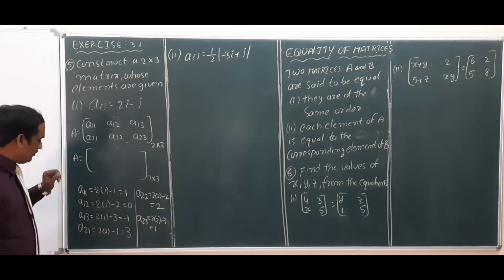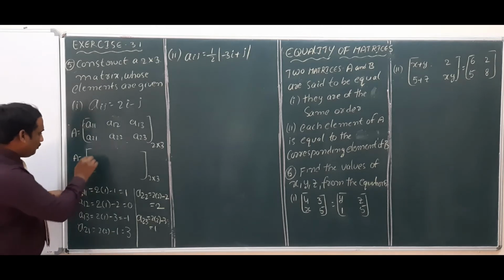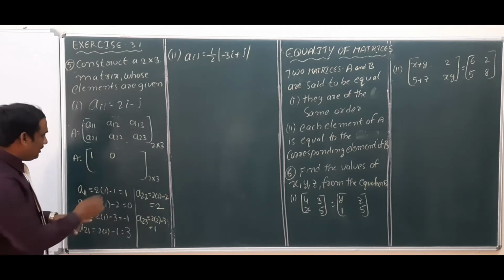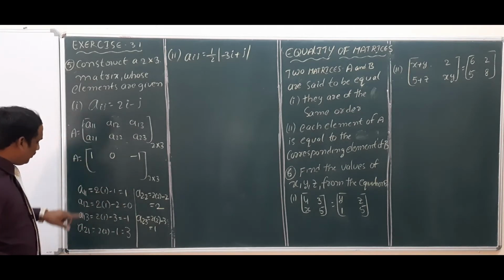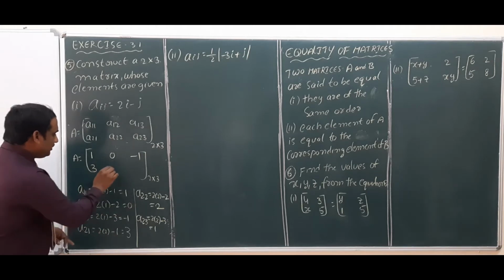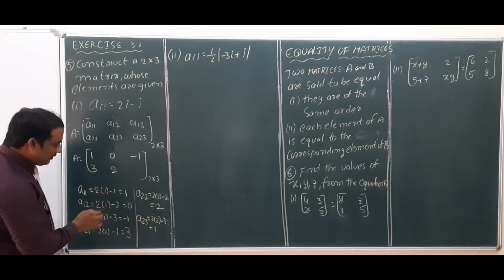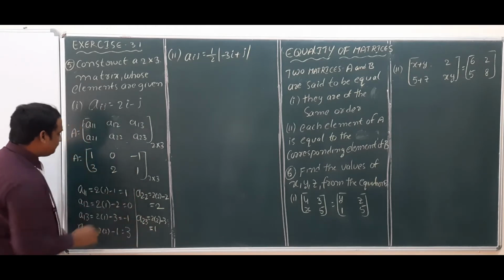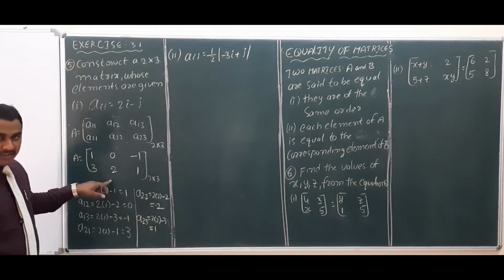Here you can substitute into the empty matrix. A11 value is 1, A12 value is 0, A13 value is minus 1, A21 value is 3, A22 value is 2, A23 value is 1. This is the constructed 2 by 3 matrix.